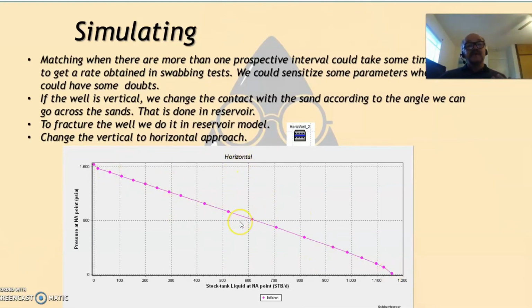Remember what we have said about horizontal wells. We need to know about the orientation of the sands and also the extension of the sands, because in an exploratory well we still don't know.